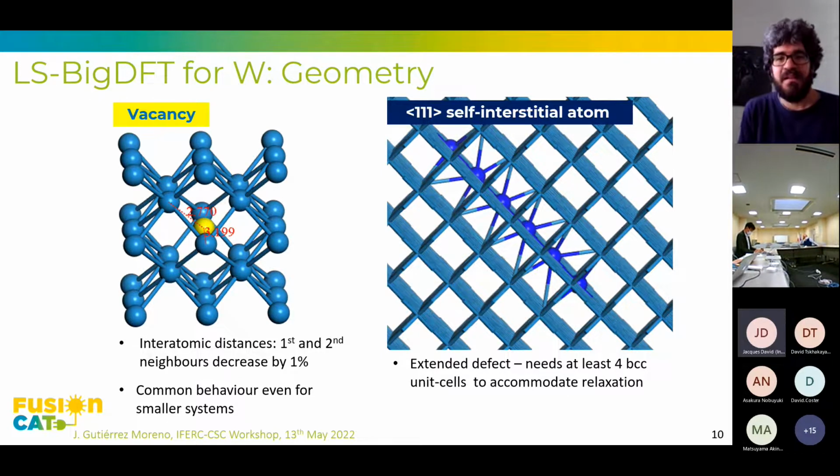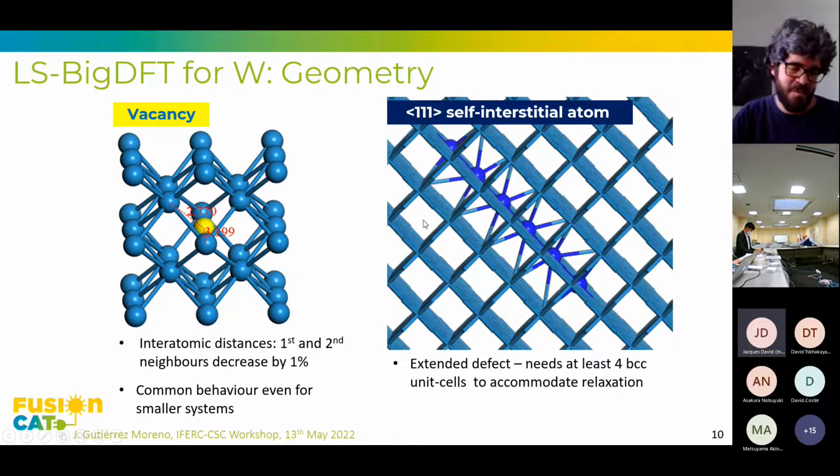On the other hand, if we look at a self-interstitial, where you put an atom in the middle of a perfect BCC cell, this of course will have a large effect on the cell. You observe here that we put one interstitial in the 111 position of the BCC structure, and this has deformed all this region here, which corresponds to around 4 or 5 unit cells.